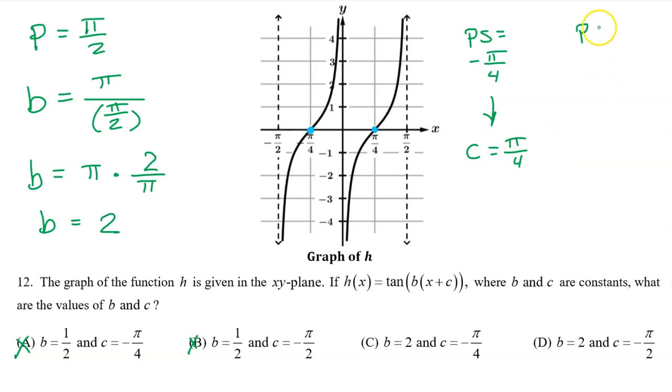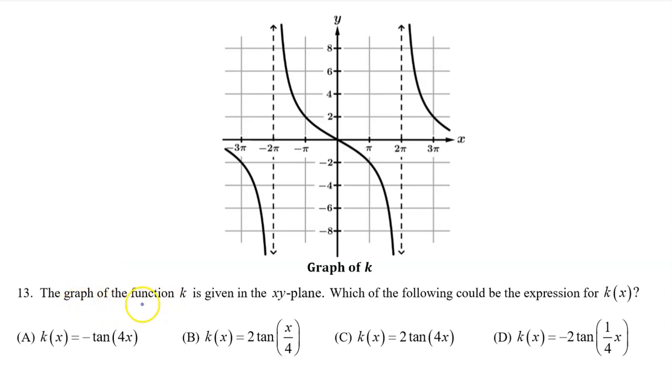If the phase shift is positive pi over 4, then the c value will be negative pi over 4. Let's look for either one of these two c values. We see the negative pi over 4 right here, and option D doesn't have either one. So the answer is C.